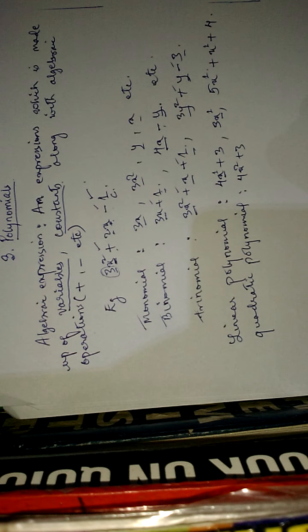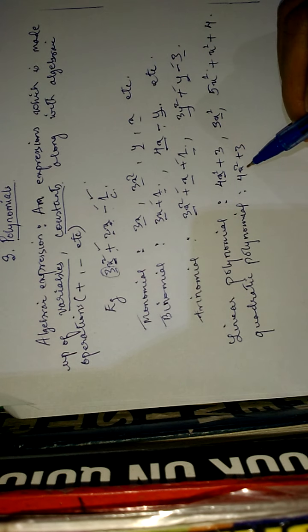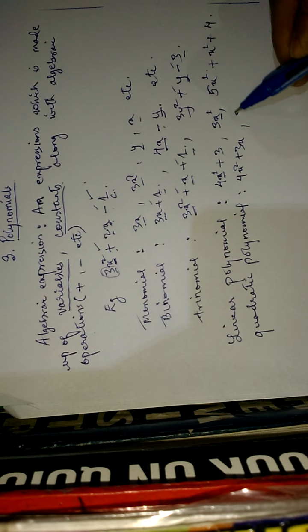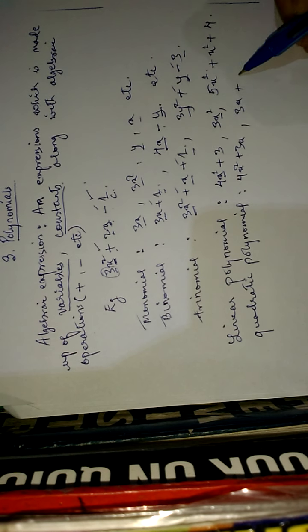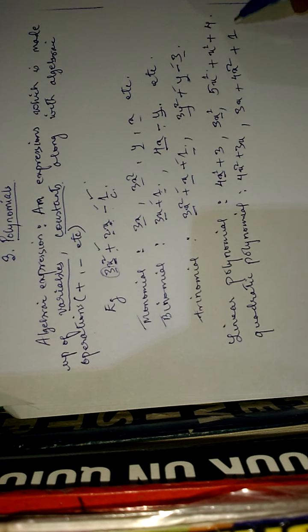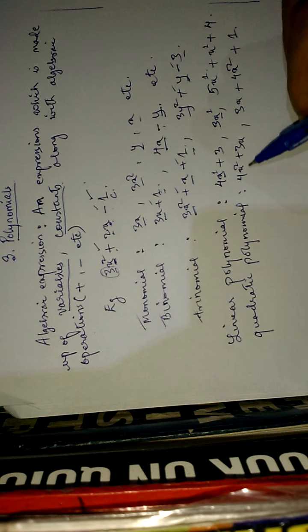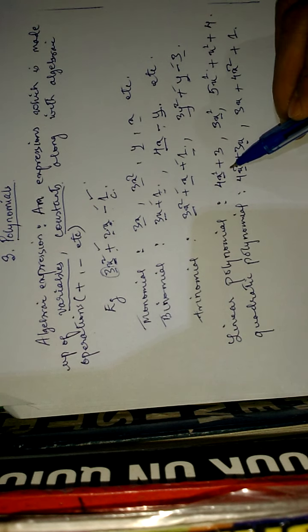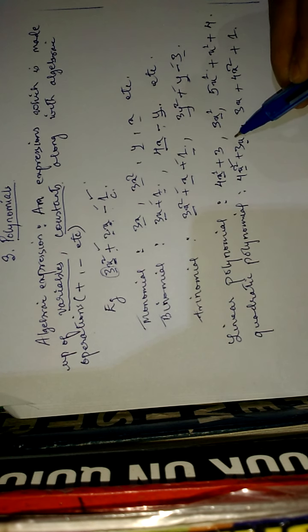Here we have 2, 3x plus 4x squared plus 1. In this case also the highest power is 2. Here also we have 2. These types of polynomial are called quadratic polynomials.